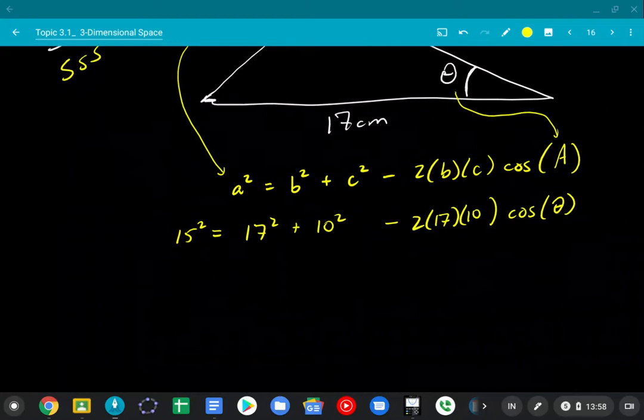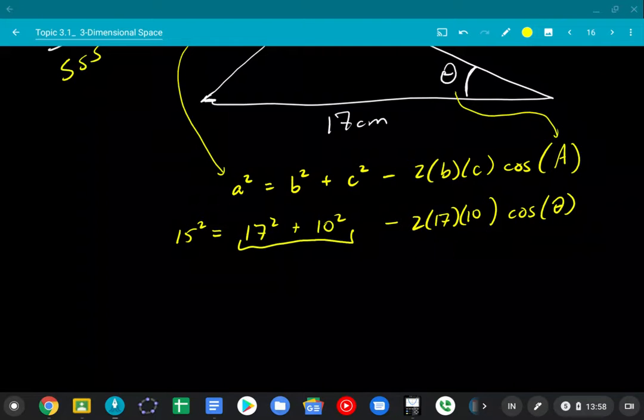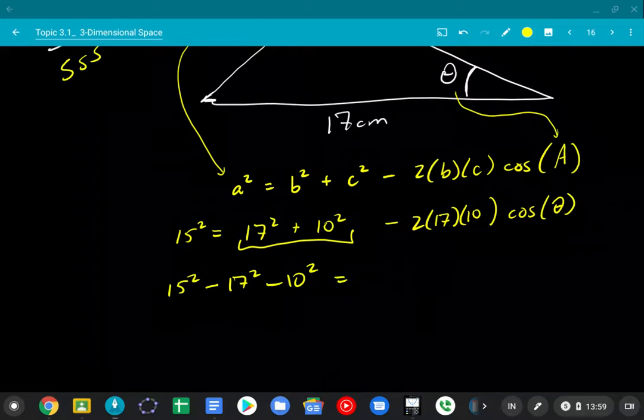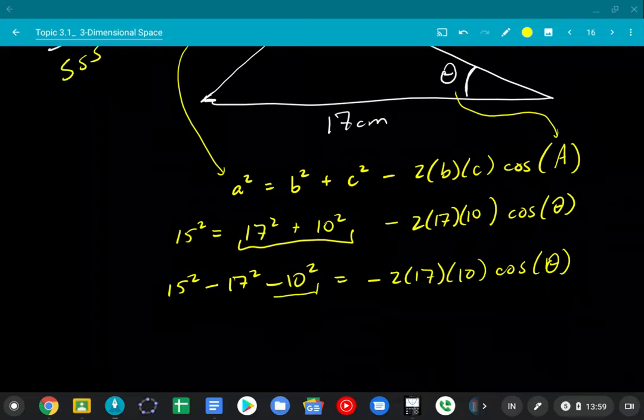And the rest is just solving. Or you could use that other formula that already has everything solved for you, right? But let's take a look. If I just move these two terms over, 15 squared minus 17 squared minus 10 squared is equal to negative 2 times 17 times 10 cosine of theta. All right, let me work this out real quick.